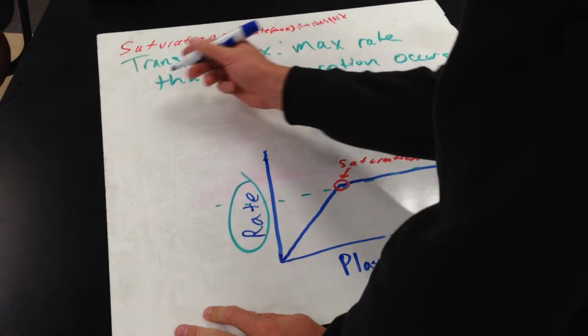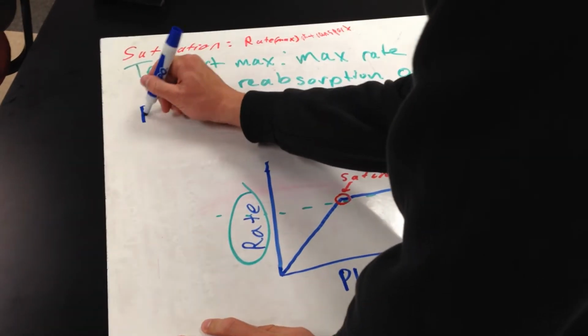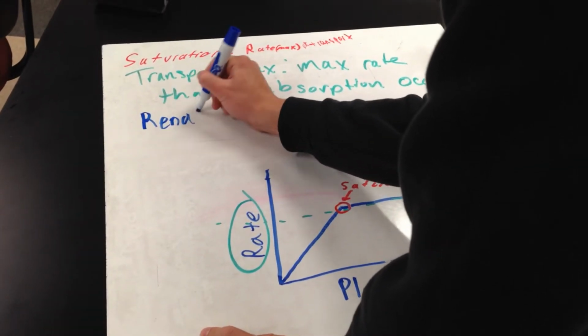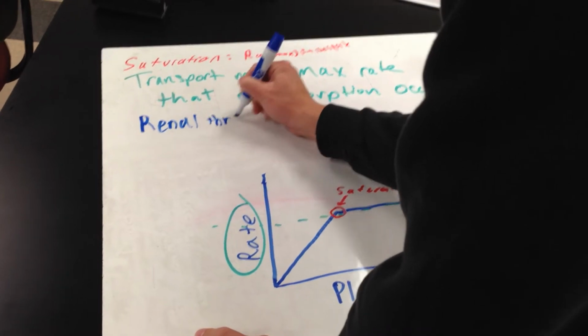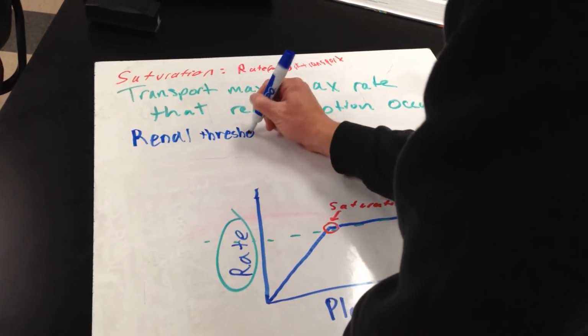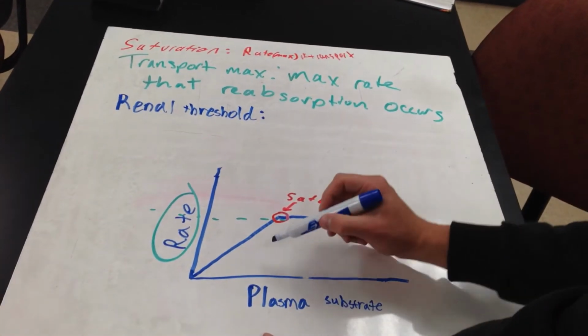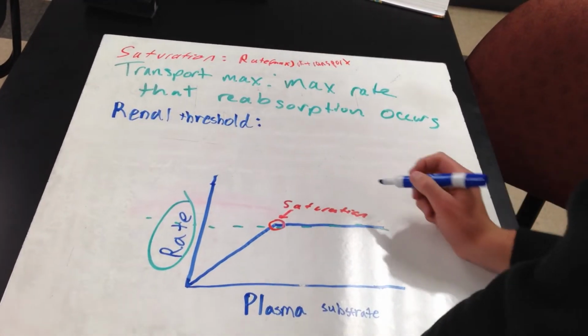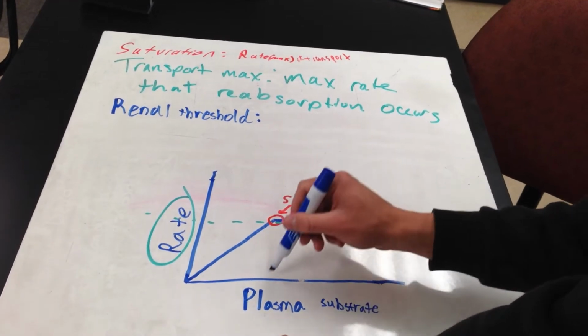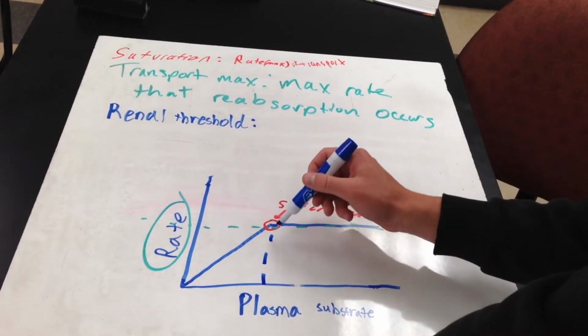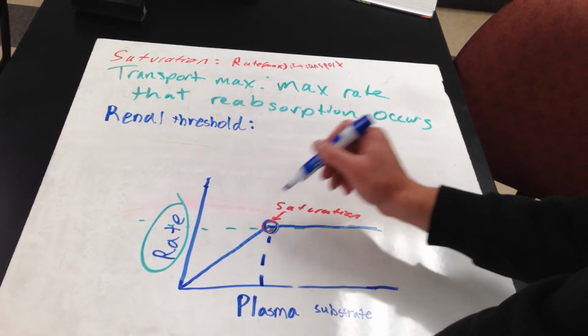And the next part, the renal threshold, is the concentration in the plasma at which glucose is first seen in the urine. And that would also occur right here.